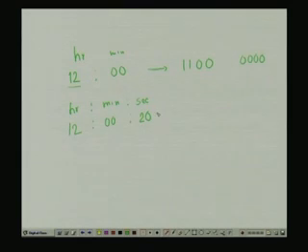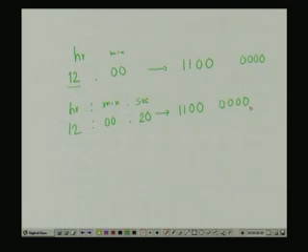Then again what I can do, see, 12 is again 1100, again this is 0000. Now, here I have to represent 20, so I have to take other values.